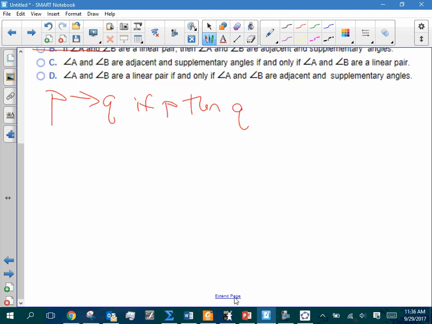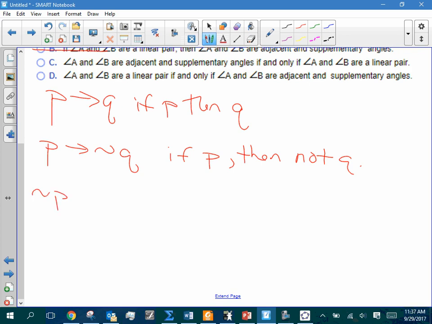Couple more here. This will be a test question at some point. This one says P, not Q. Okay, remember that tilde out front means not, so I reread that as if P, or rewrite it, then not Q. This one is if not P, then not Q, right?